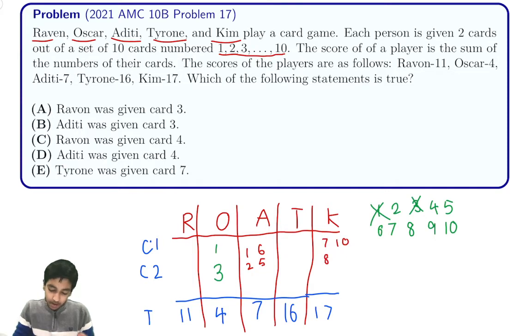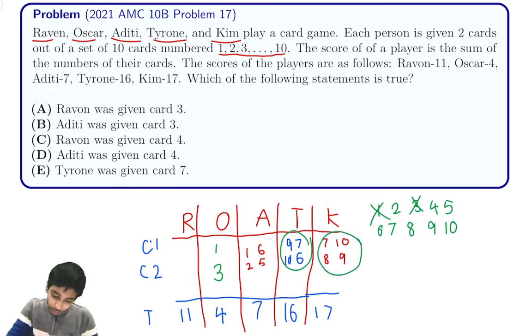So again, you only have 2 possibilities. You can't really rule anything out yet. So I'll look at the remaining 2 people. Tyrone, what are the possibilities for Tyrone? Tyrone can have 9, 7, or 10, 6, right? So notice that these 2 possibilities have a lot in common, and we cannot have any overlapping numbers.